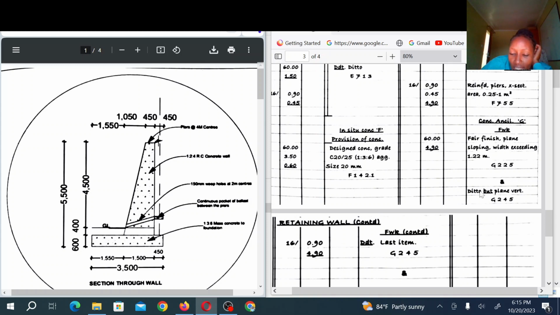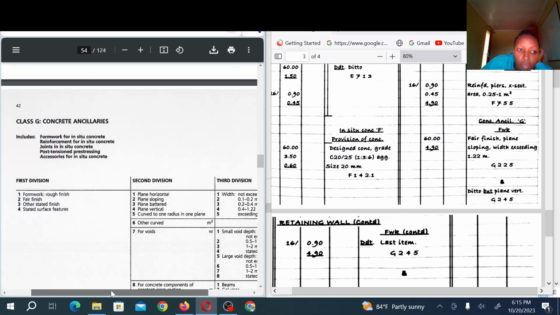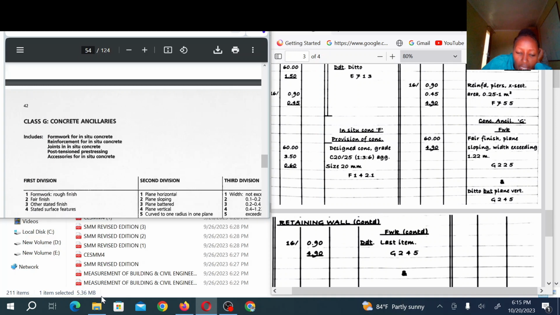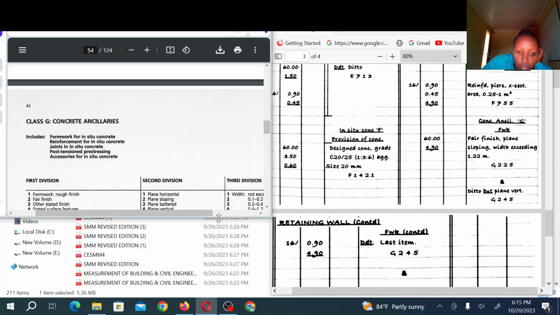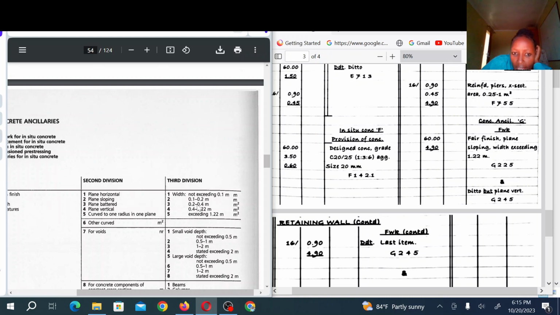The same will apply to plain vertical. This formwork will be the same as this side. So detail plain vertical, 60 meters by 4.9. Then for the descriptions, we shall go to class G, G2 fair finish, plain sloping, exceeding 1.2.